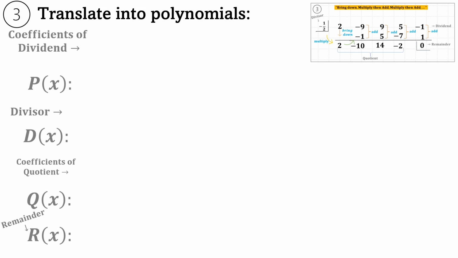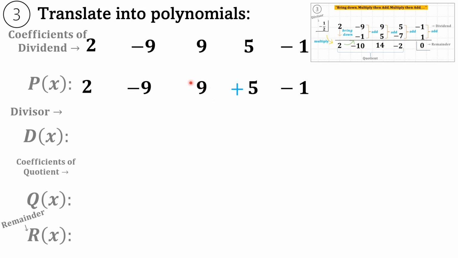Copying the coefficients of the dividend from the SD or synthetic division, that is 2, negative 9, 9, 5, negative 1, translating them into P of X, copying and then write plus before 9 and 5 because they are positive, and then counting in increasing order starting with exponent 0 in negative 1, moving to the left.